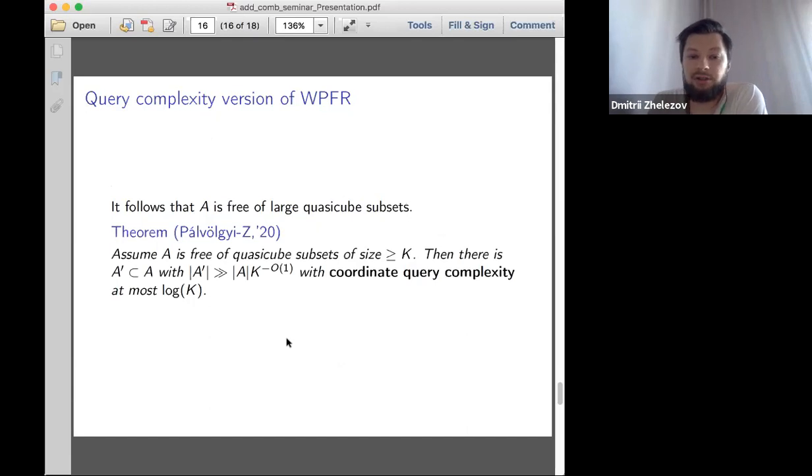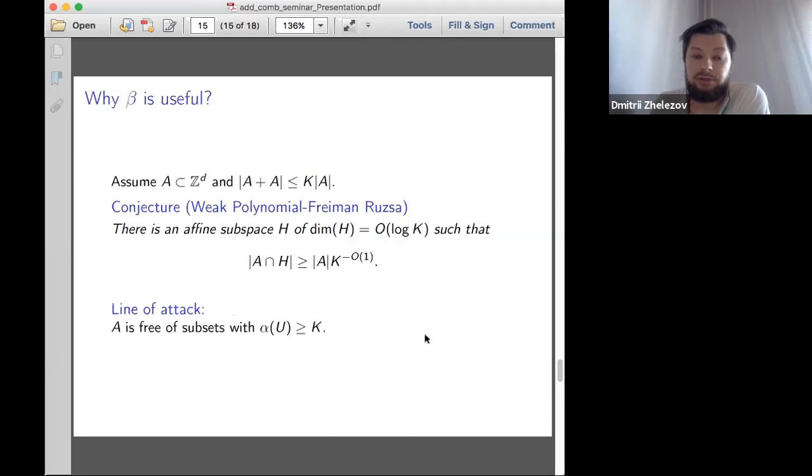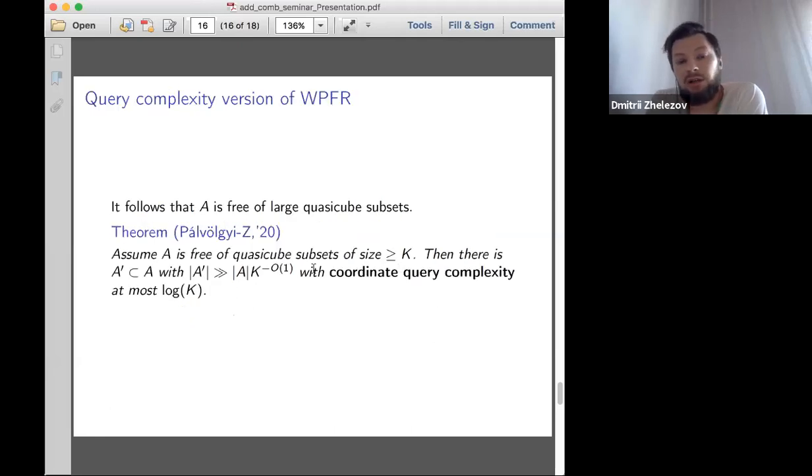It is arguably a much weaker statement than the conjectured weak polynomial Freiman-Ruzsa, but still it allows one to deduce something meaningful in the regime where k is as large as some power of |A|. And to my knowledge, we don't really have any tools whatsoever to argue about the structure of additive sets with rather large additive doubling.